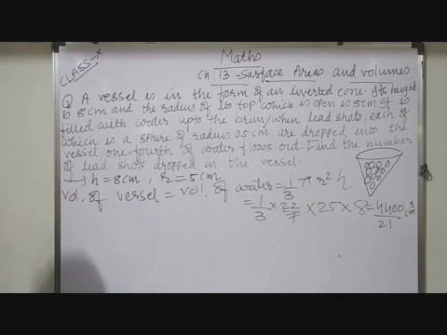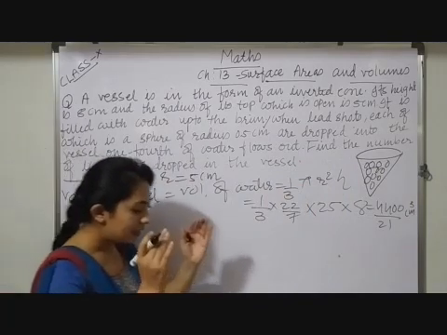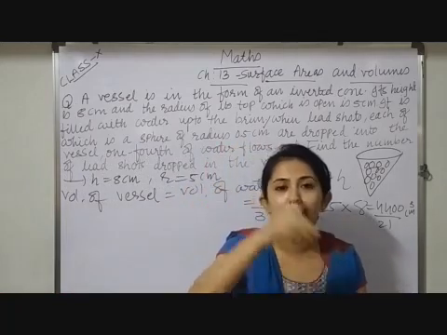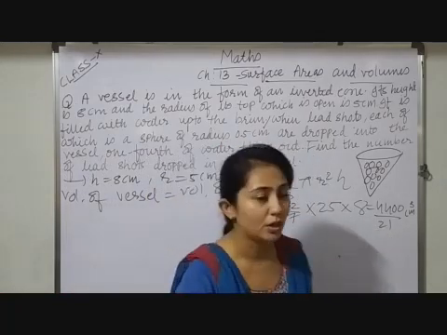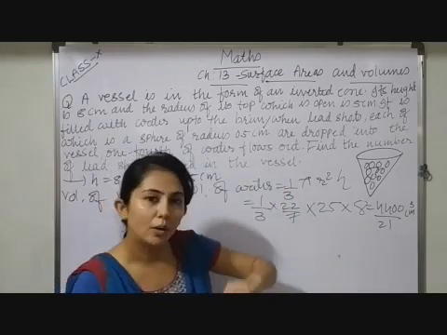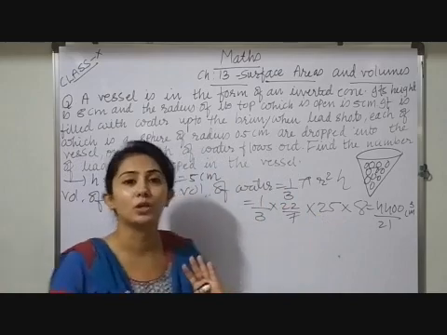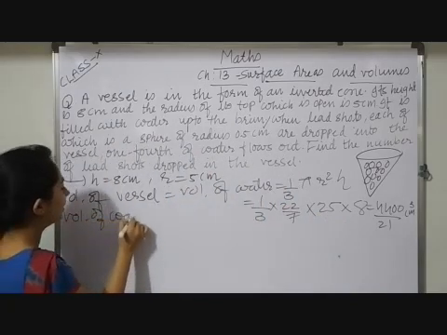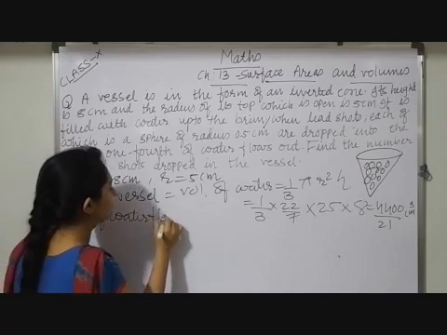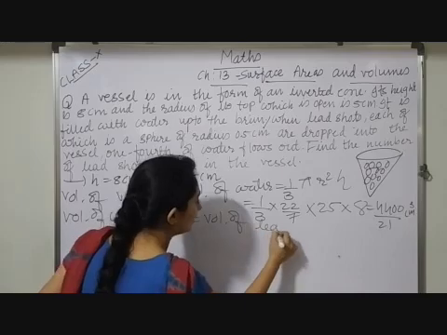This is the volume of the vessel. After that, in the vessel, we'll drop some lead shots. If I drop lead shots, some water will obviously flow out, because water is filled up to the brim. So the volume of water that flows out is equal to the volume of lead shots.